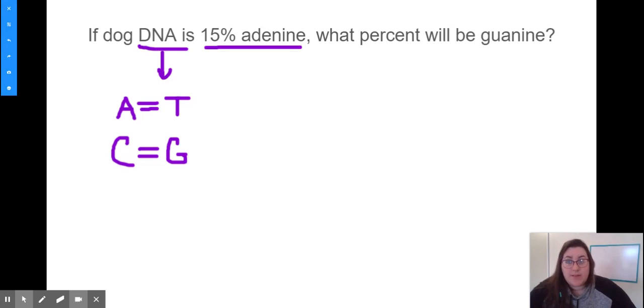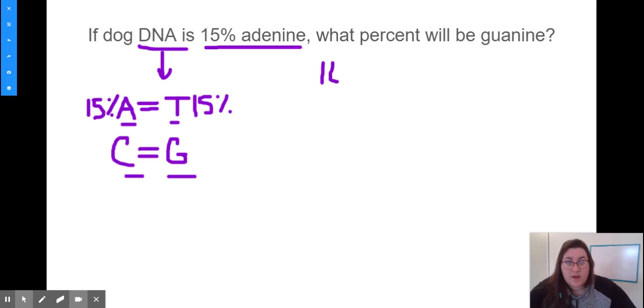So I know that adenine and thymine are always equal to each other. That means if I've got 15% adenine, I'm also going to have 15% thymine because they're equal to each other. And if we think about our DNA strand, it's only made up of these four bases.